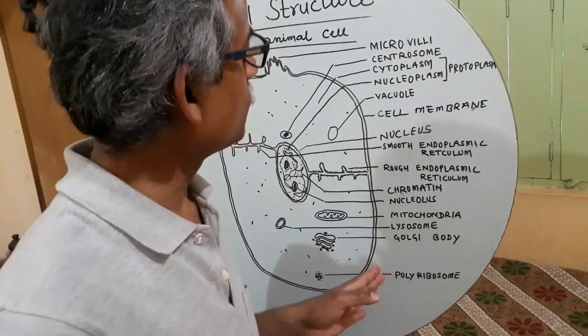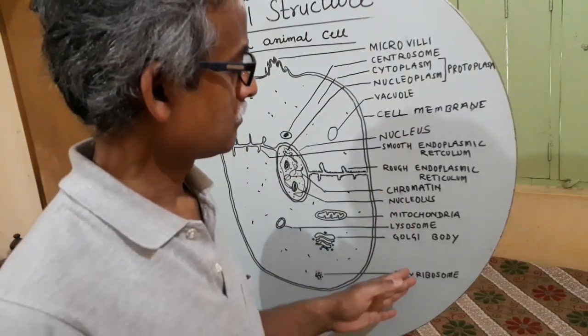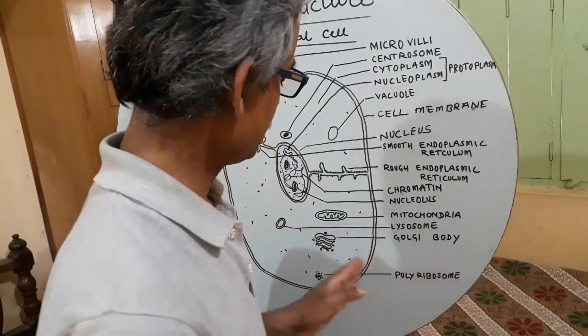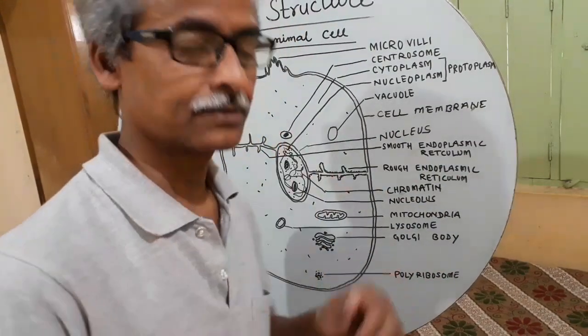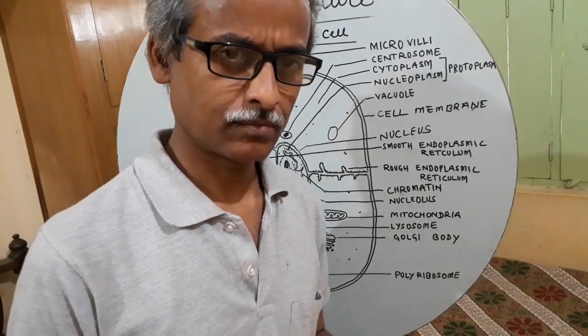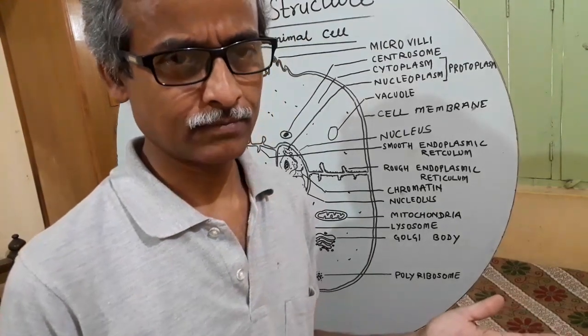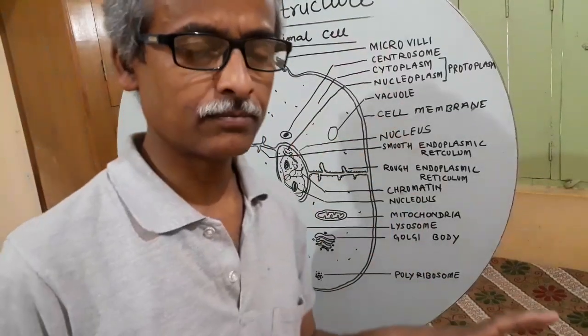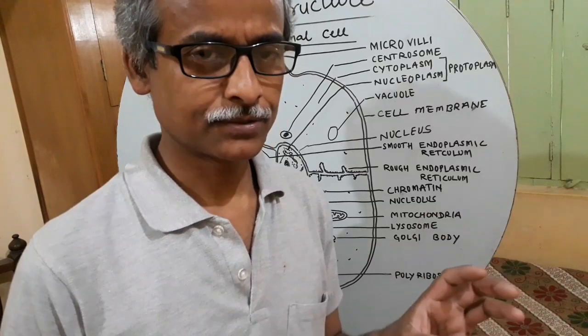You may find some more names, that is, some more parts of the cell. You may learn them by heart, but these are the minimum parts that you should know.